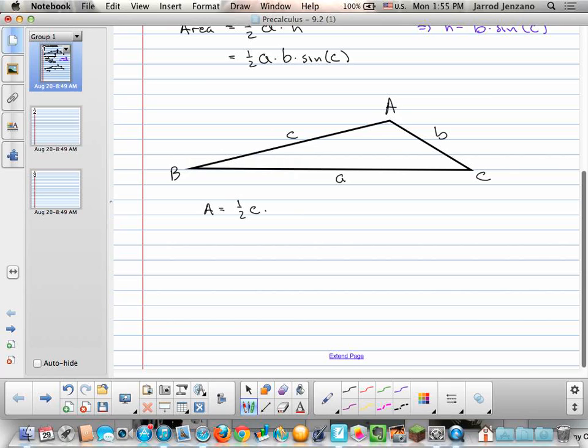Now, if my base is this side, then the height is going to be this right here.